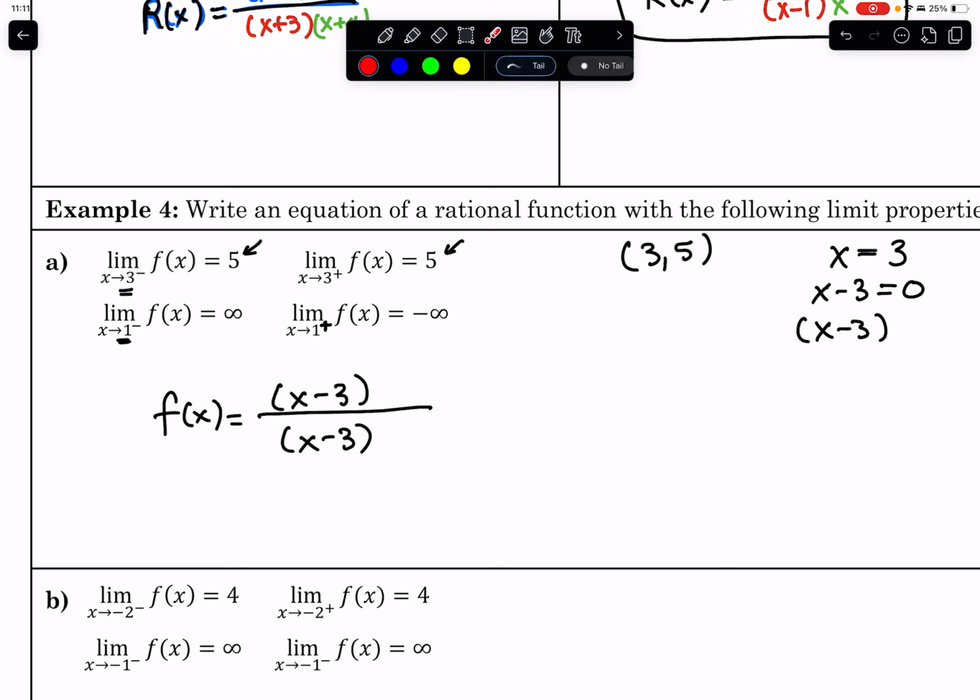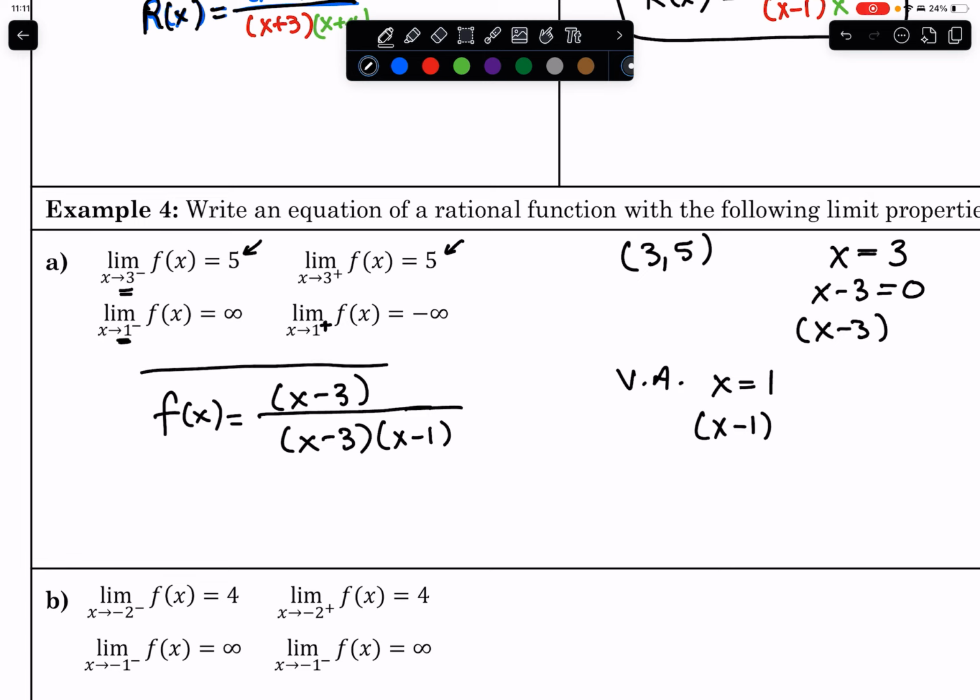That means we have a vertical asymptote whenever we approach a number and we're going to the infinities, whether both negative, both positive, or one negative and one positive. Since we're approaching x equals 1, the vertical asymptote is at x equals 1, which means the factor would have to be x minus 1. And because it's a vertical asymptote, that's only going to be found in the bottom.